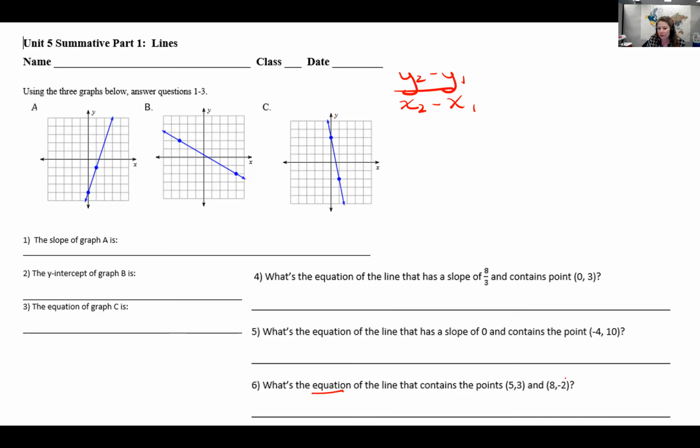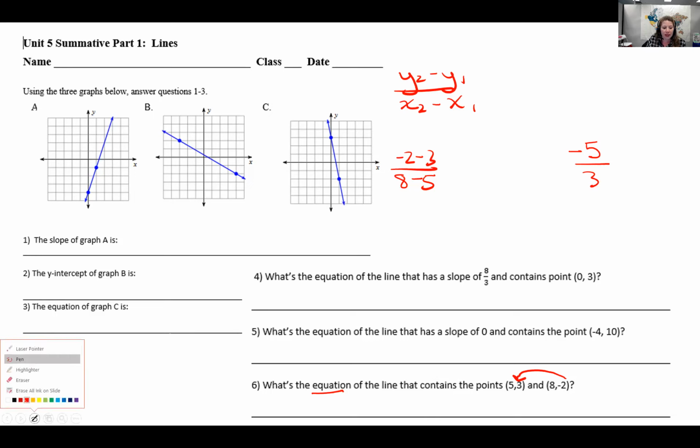What's the difference between negative 2 and 3? Negative 2 minus 3 is negative 5. And then what about the difference between 8 and 5? 8 minus 5 is positive 3. So my slope is negative 5/3.